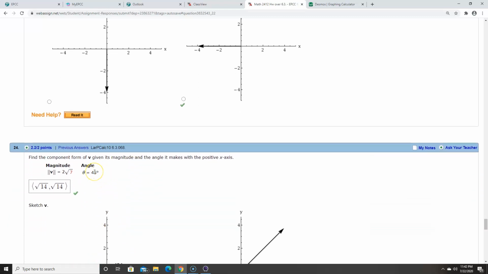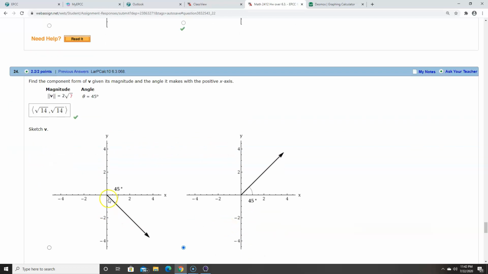So the angle is 45 degrees in standard position from the positive x-axis. So from the origin, you're looking out in the starting position direction, which is the positive x-axis direction, and then you turn positive 45 degrees.